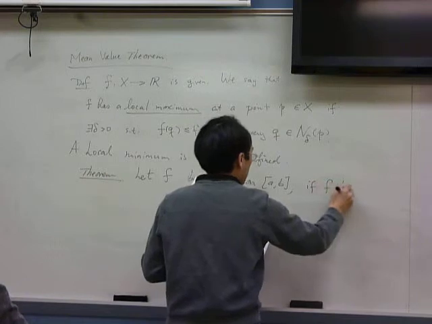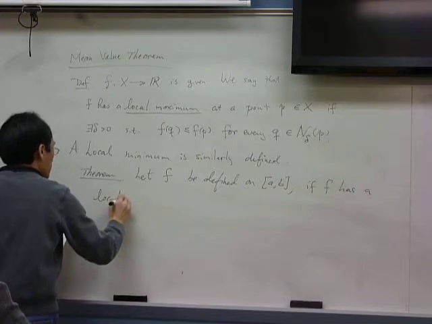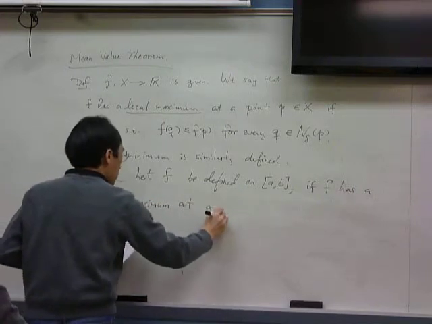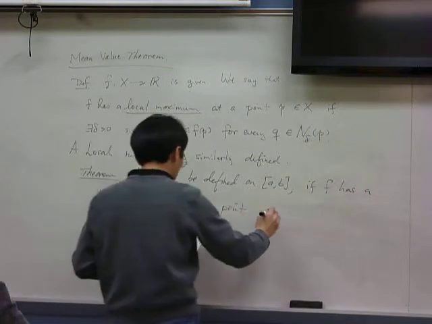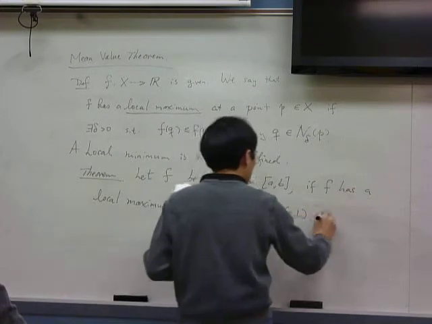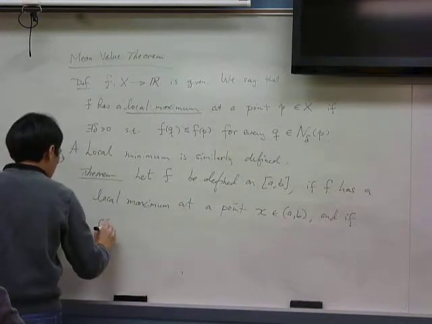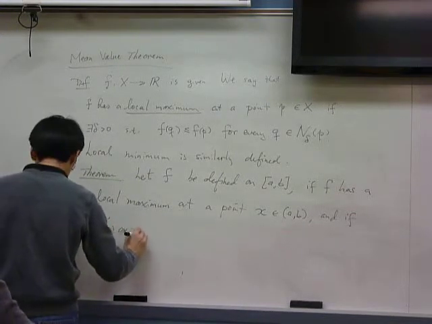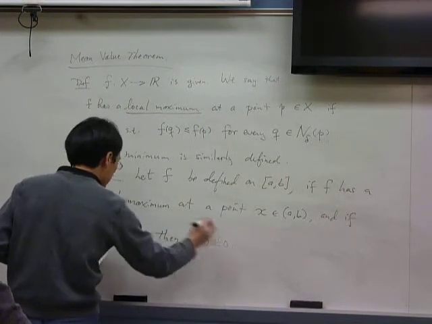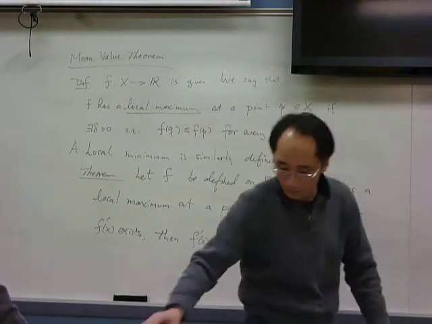If f has a local maximum at a point x in [a, b], and if f prime of x exists, then the derivative of f at x equals 0. So at the maximum point, the derivative must be 0.